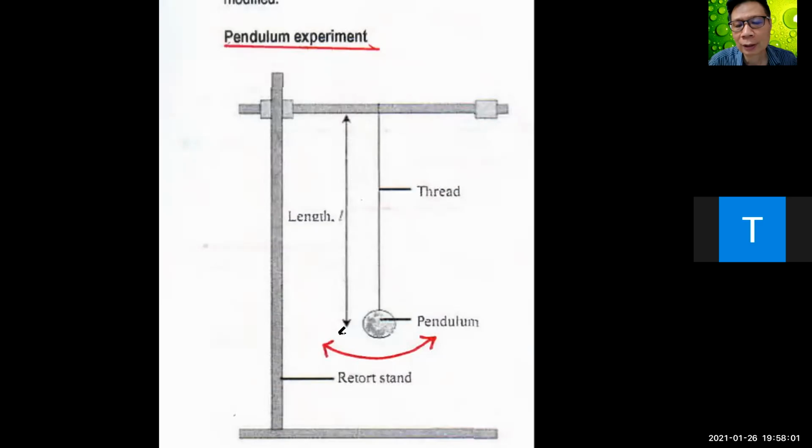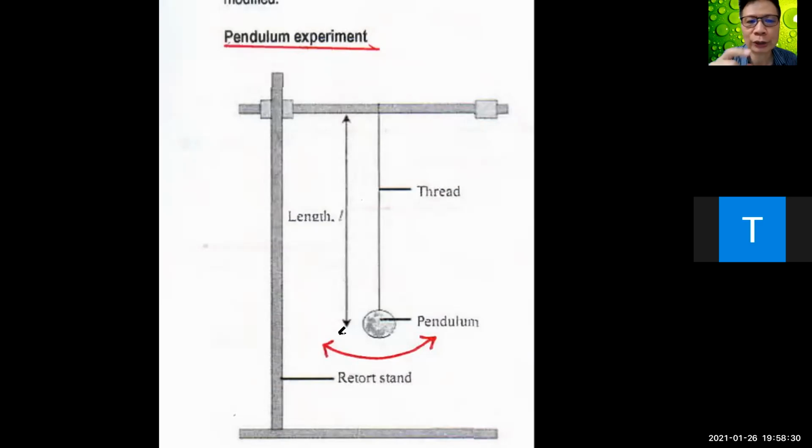When you see this diagram, scientists will ask questions. Scientists will say, what happens to the oscillation when the thread is short? What happens to the oscillation when the thread is long? They will ask these two questions straight away. In your opinion, what happens when the thread is short?